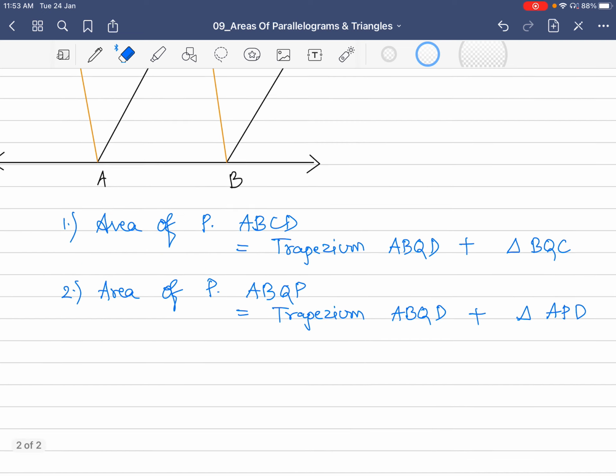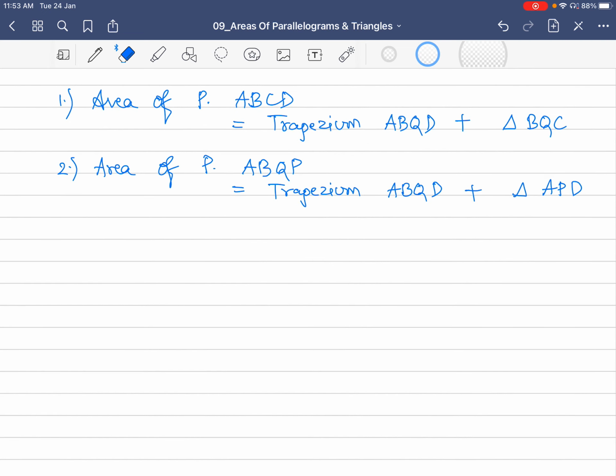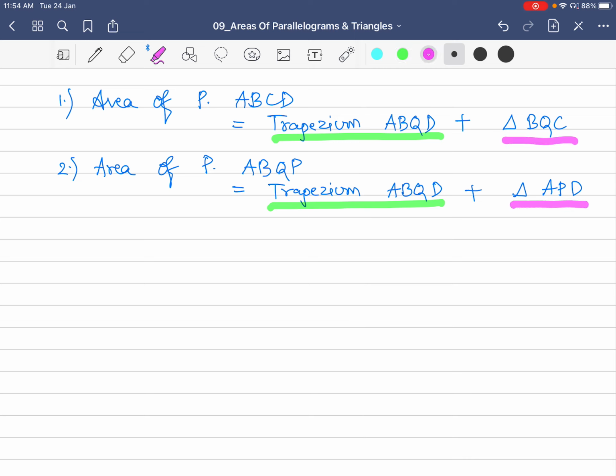Okay, and let's focus on these two statements. We have to prove that the area of parallelogram ABCD is equal to the area of parallelogram ABQP. But we observe that this trapezium ABQD is common to both of them. So all we need to prove is that triangle BQC is equal to triangle APD.